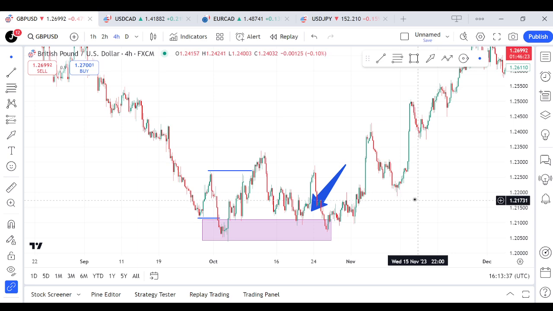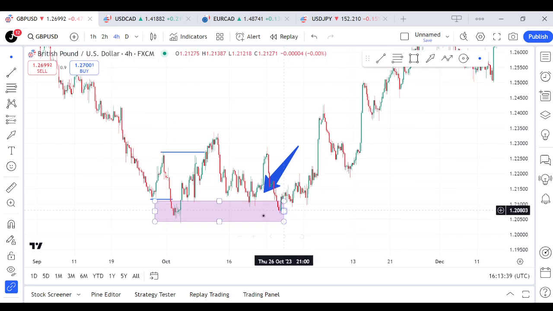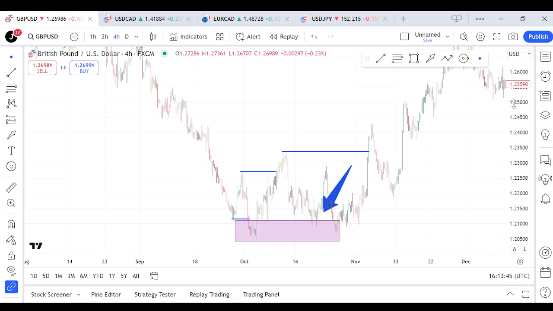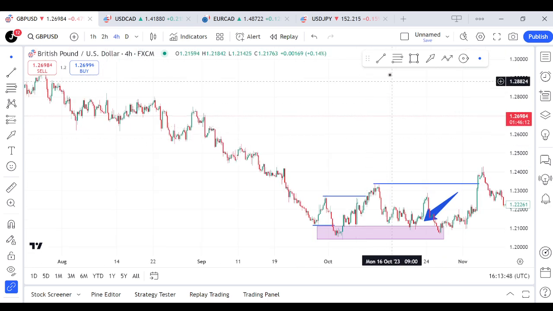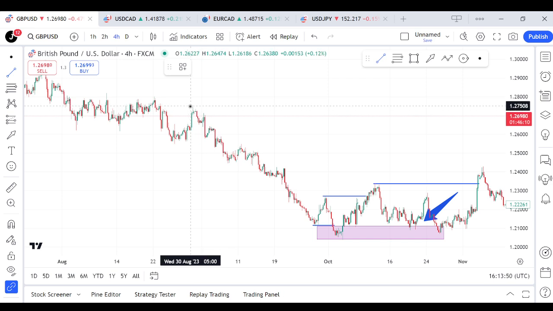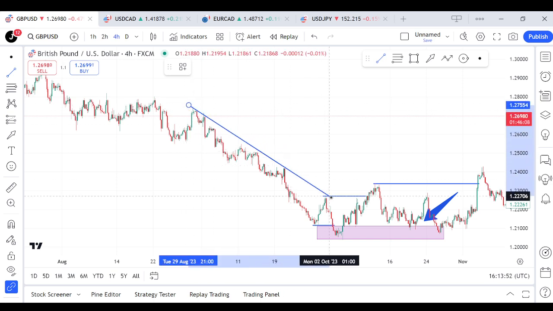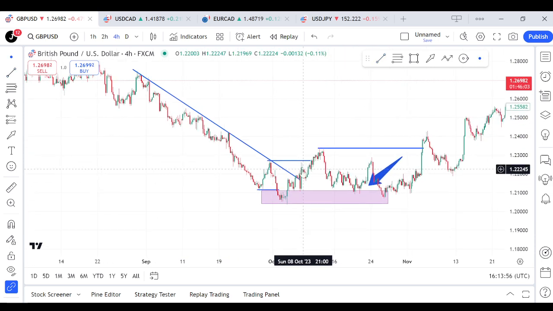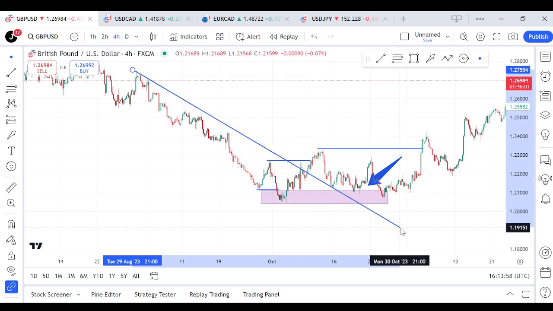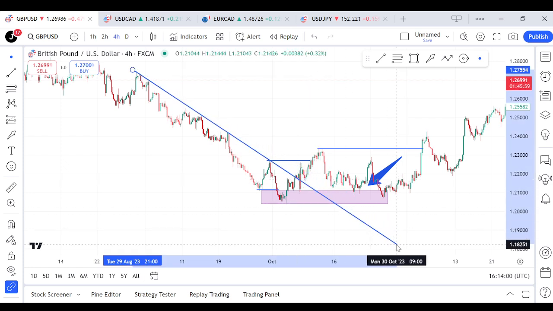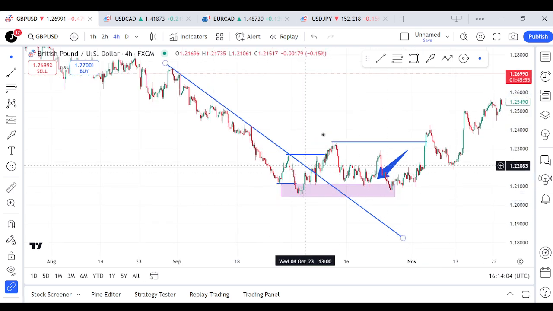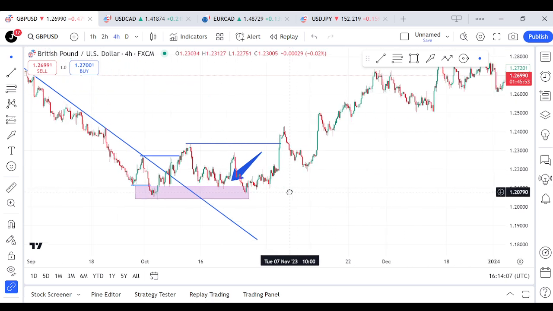This is a bullish example, and you can see it shows that sellers are losing momentum, and we should be looking for a continuation. If you are a trend line trader, you will see that this trend line that I drew initially was broken right here, and this is just a retest of support after the break of the trend line and a continuation to the upside.